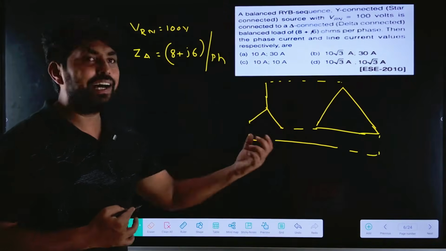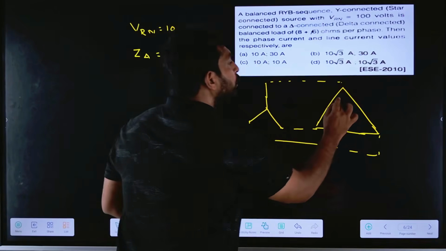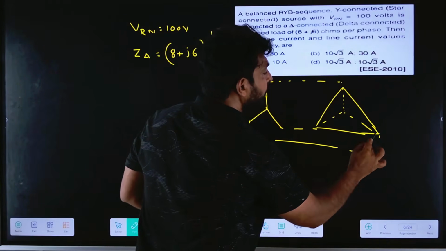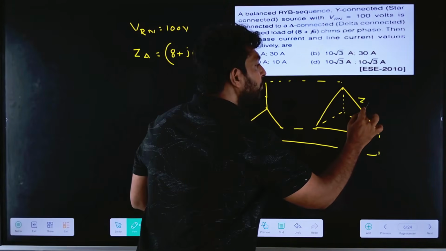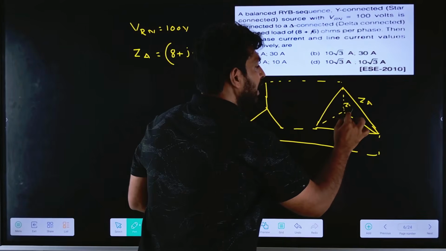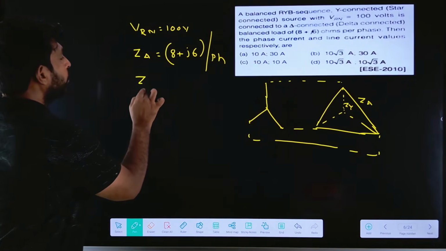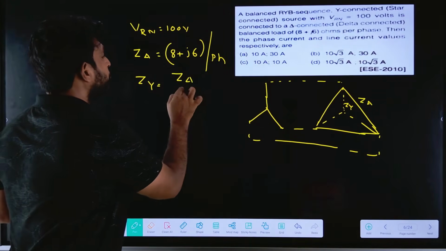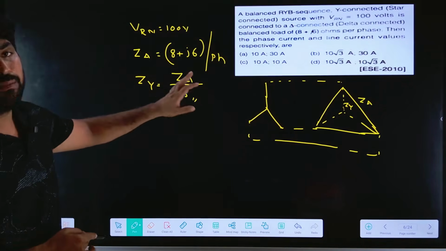First find the equivalent star value for the delta. How can we find the equivalent star? ZY equal to Z delta by 3, so it is one third times Z delta.